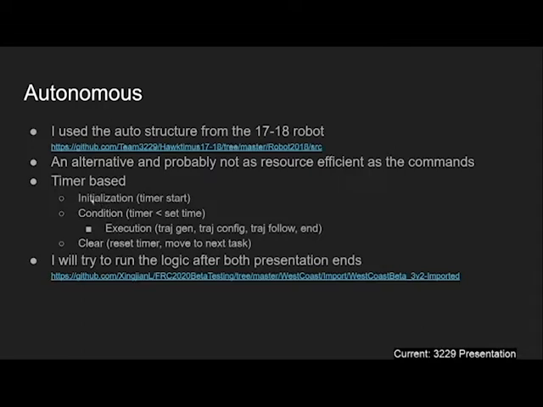The first is to initialize the timer and set the time here. Then, while the timer is running, you would execute whatever task you wanted to do, and once the task is complete or the timer runs out, you would clear the timer and move on to the next task. And I will try to run the logic after both presentations end.